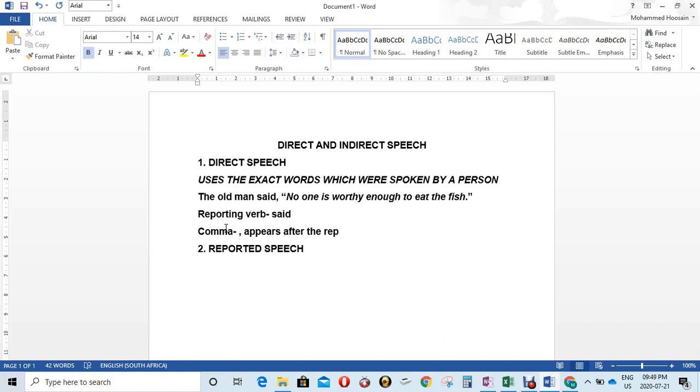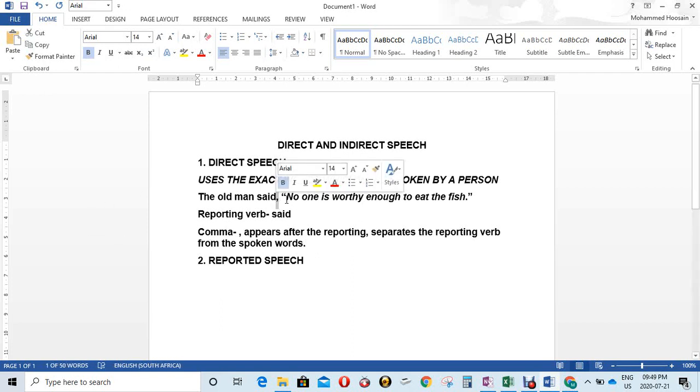Another function of the comma is that it separates the reporting verb from the spoken words. As you can see here, the comma is separating this reporting verb from the spoken words.